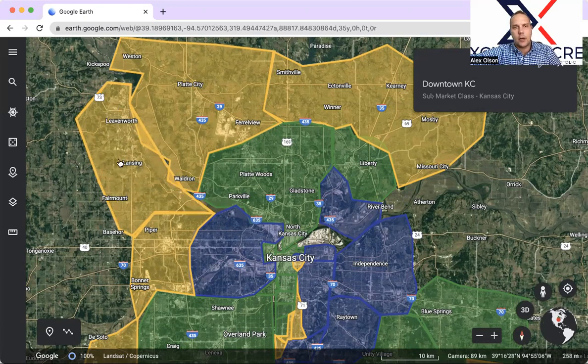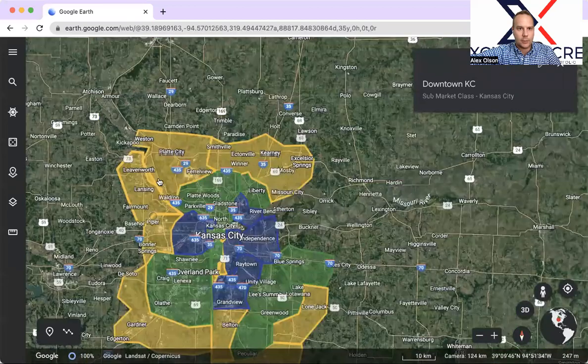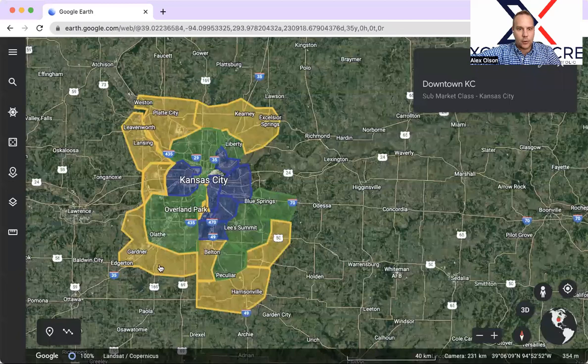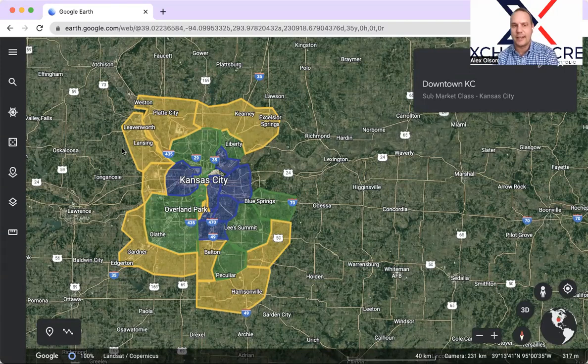There's not a ton of people that live up here, but this corridor on the outskirts, just like on the Missouri side, is more of a B class neighborhood, which usually means a little bit more affordable, might be slower appreciating, but is not going to have some of the crime issues that you can get in some of the C markets at times.